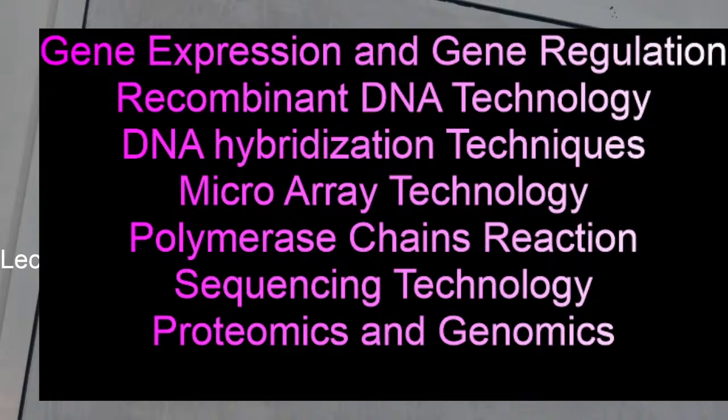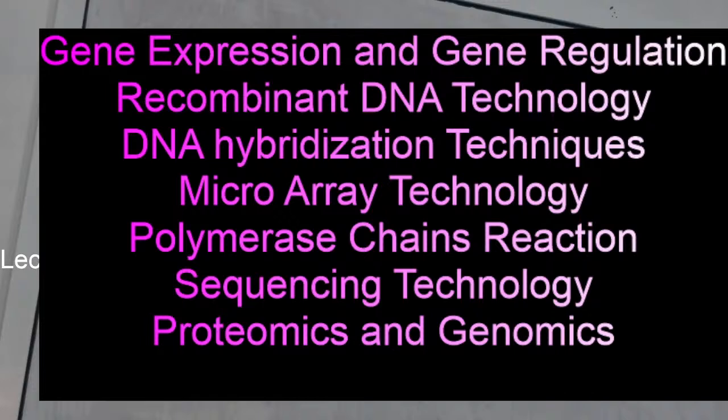Then later on, we are going to look at polymerase chain reactions, PCR techniques. We look at the basic principles of PCR, the types of PCR, Sanger principles, and post-Sanger era.